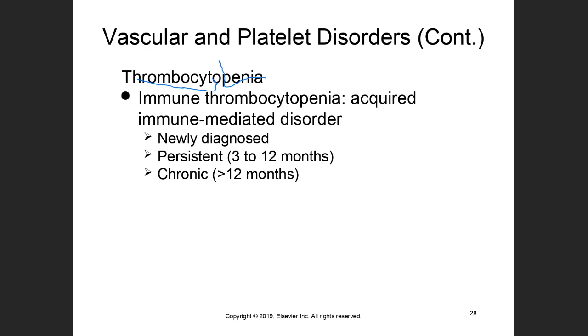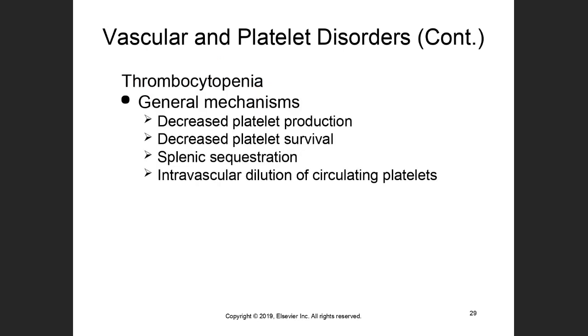Immune thrombocytopenia. That's the one that basically they were referring to before. Immune thrombocytopenia is an acquired immune-mediated disorder: newly diagnosed, persistent at 3 to 12 months, chronic more than 12 months, and it is a diagnosis of exclusion. Okay.